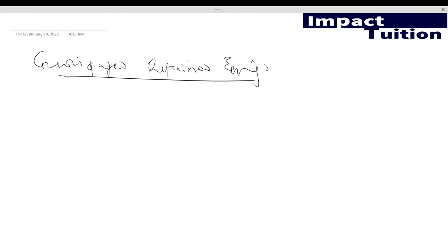So the consolidated retained earnings is set out in this format. All of the parent P's retained earnings.